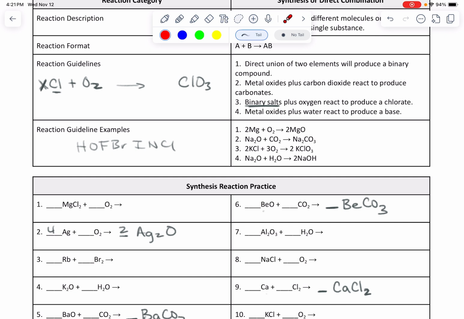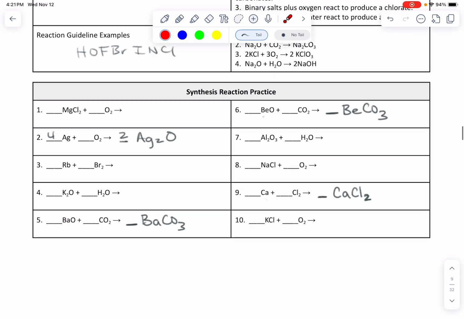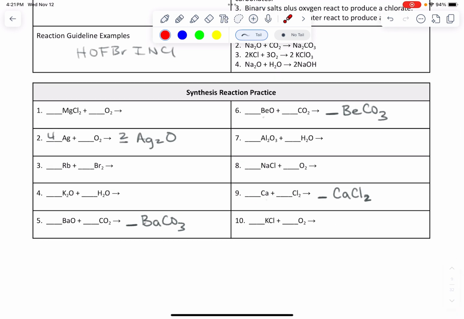Let's take a peek down below. Let me erase all of this. Go down here. All right, let's find some that satisfy this rule. So again, we need to have a binary salt, but our binary salt is always going to end in chlorine. Okay, plus oxygen yields a chlorate. And then magnesium will be the cation to our chlorate.